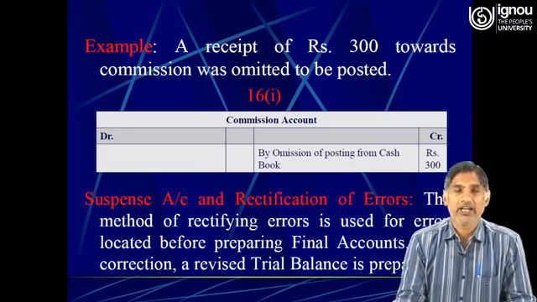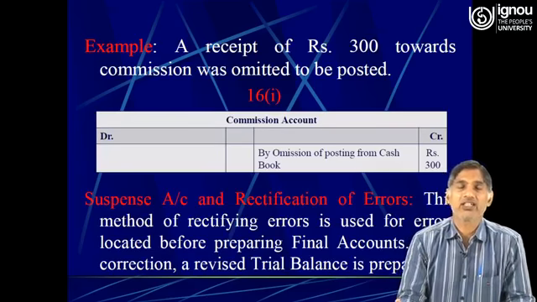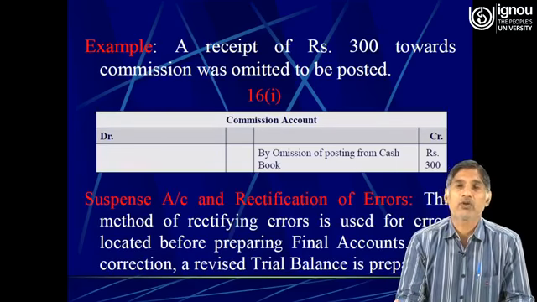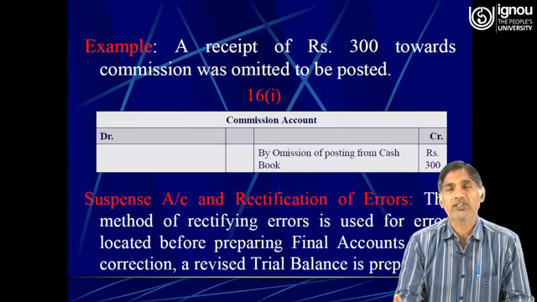So the rectification of one-sided errors depends upon the stage at which such errors are committed. The role of suspense account will take place only when the errors are located before preparing the final accounts.